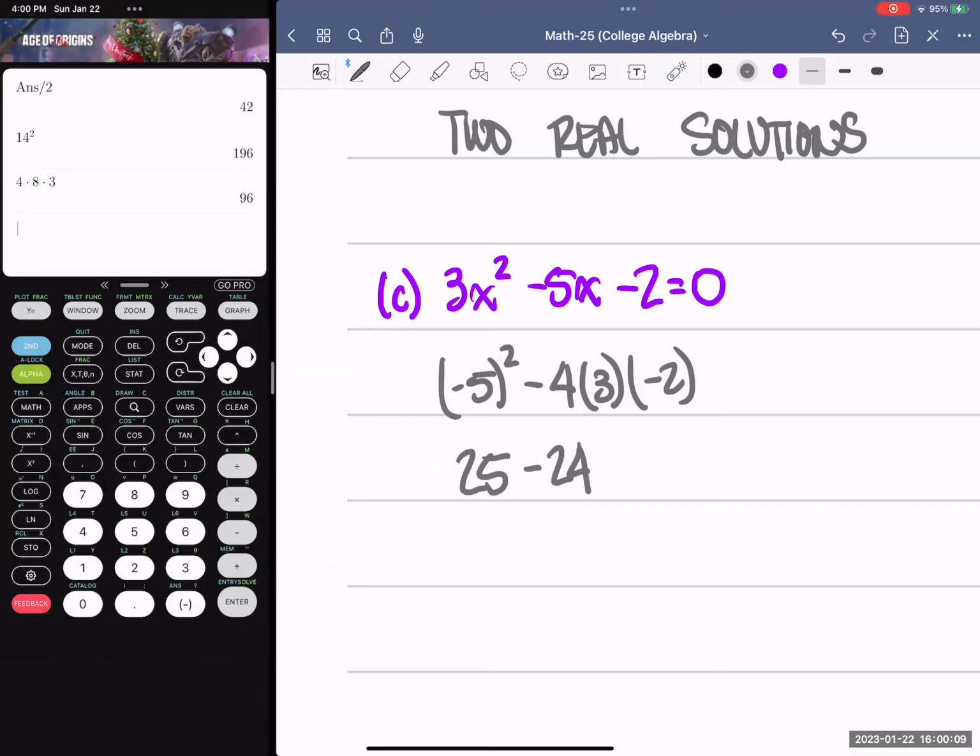Oh, I lied, that should be plus. Negative times positive is a negative, times another negative is a positive. So this should be 49, which is a positive number, so we're going to have two real solutions.